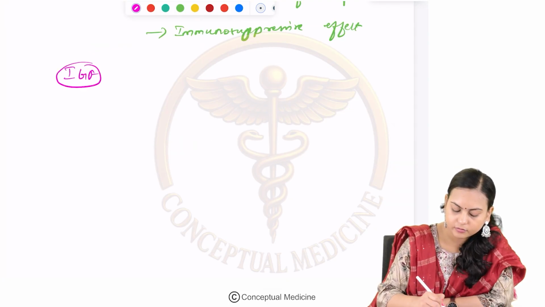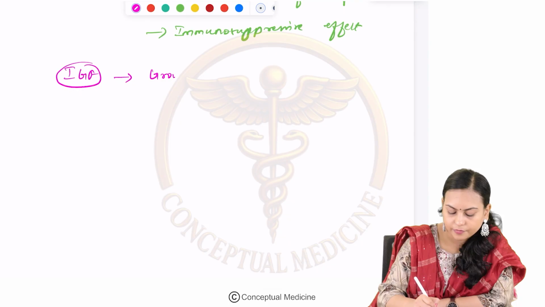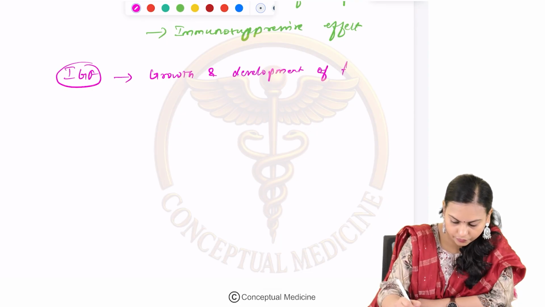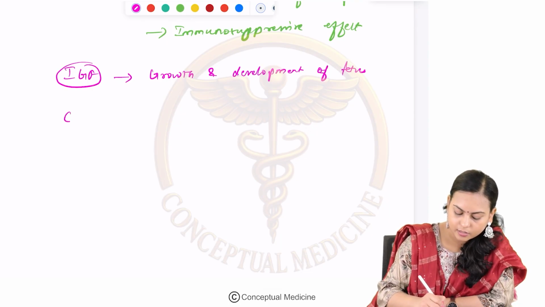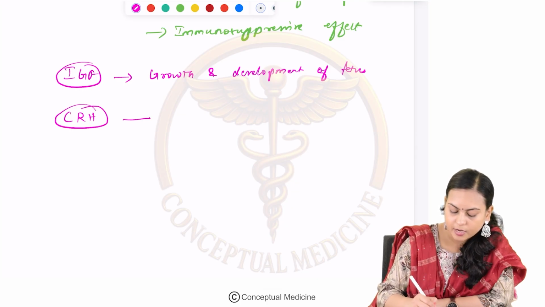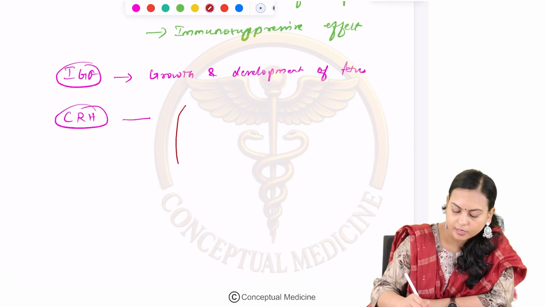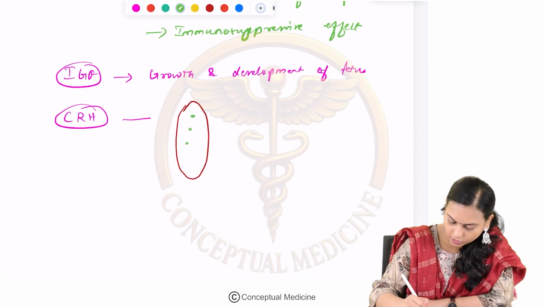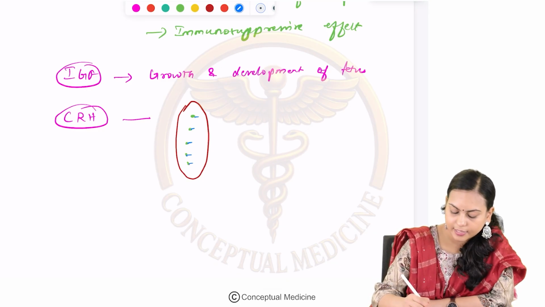Insulin-like growth factor is important for growth and development of the fetus. And then corticotropin releasing hormone, till term, is bound to binding proteins till delivery.